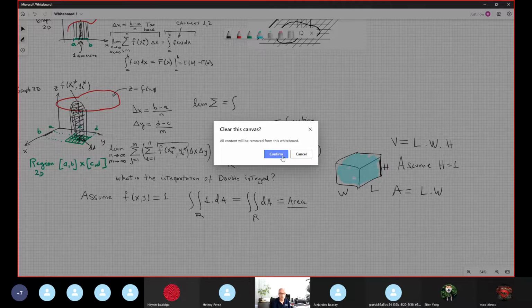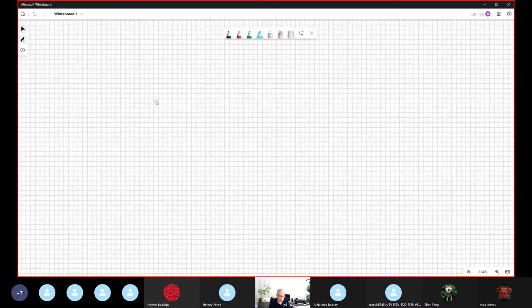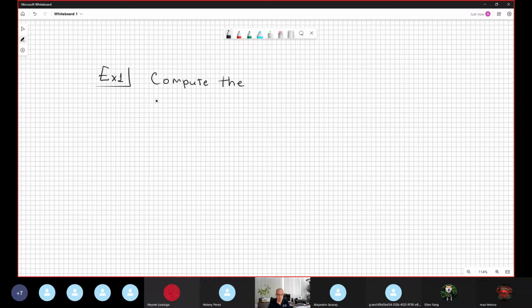I want to erase the board. I immediately go to the first example, in which I explain clearly, or I try, example 1, the computation of the double integral. Compute the volume of the surface.